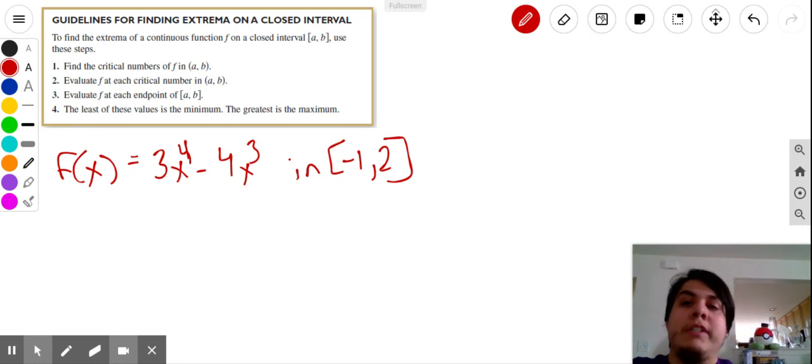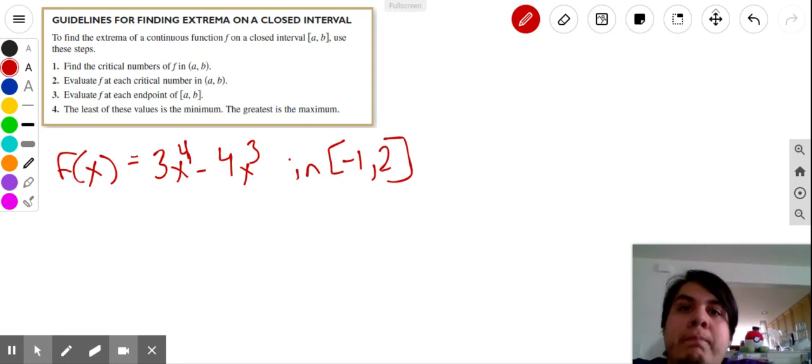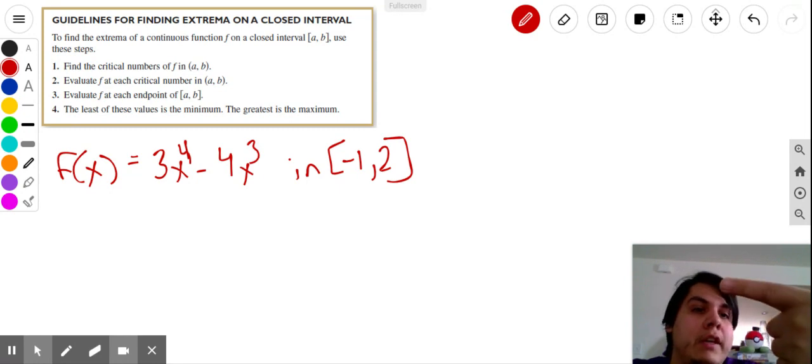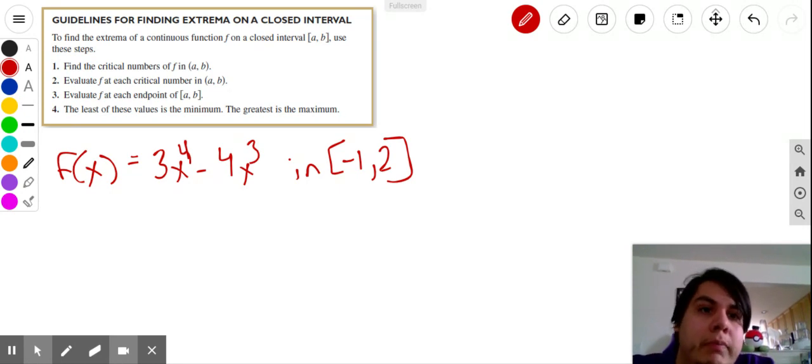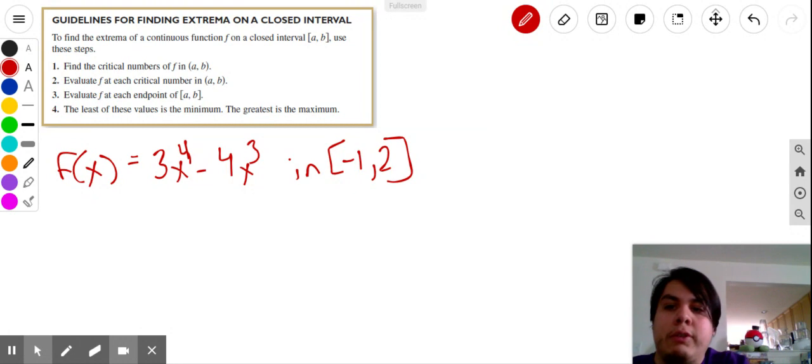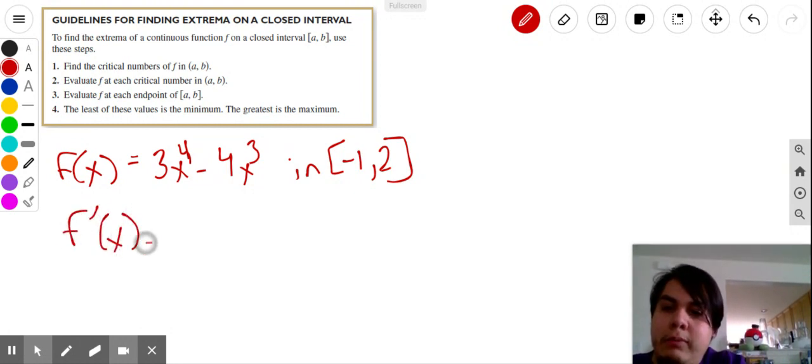To find the critical numbers, I need to figure out where my derivative is equal to 0 or where my derivative is undefined. But because we have a polynomial, polynomials are always defined, so I don't have to worry about that second condition. So I need to figure out where f prime of x will equal 0.